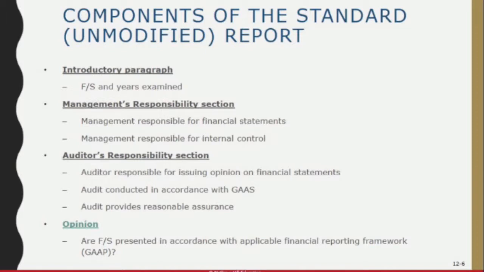And when we look at the report on internal controls, that very last paragraph of that report will refer to the financial statements, the report on the financial statements. So those are the key things that the auditors, because the auditor is communicating to the users what they've done, what their responsibilities are, and what their opinion is.